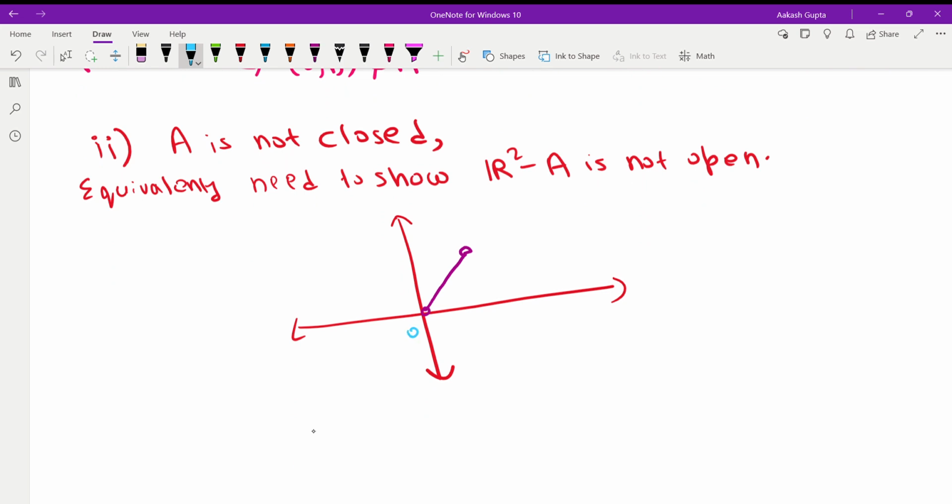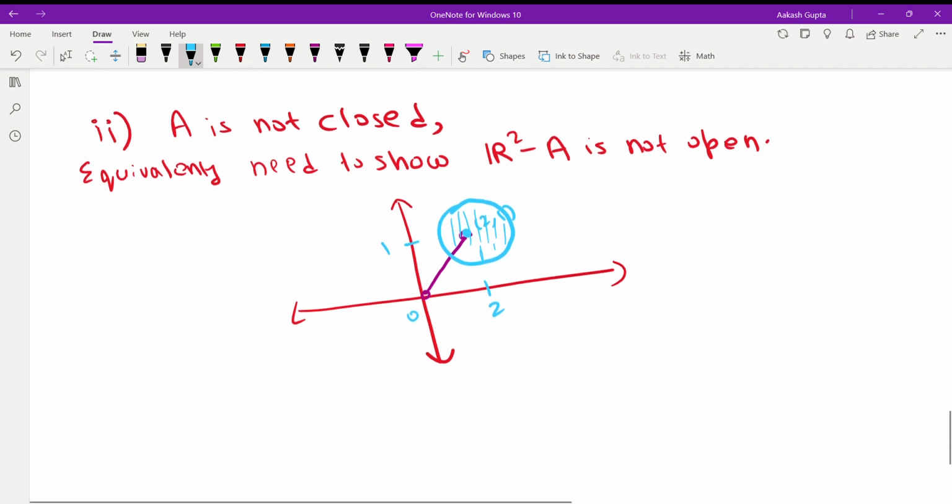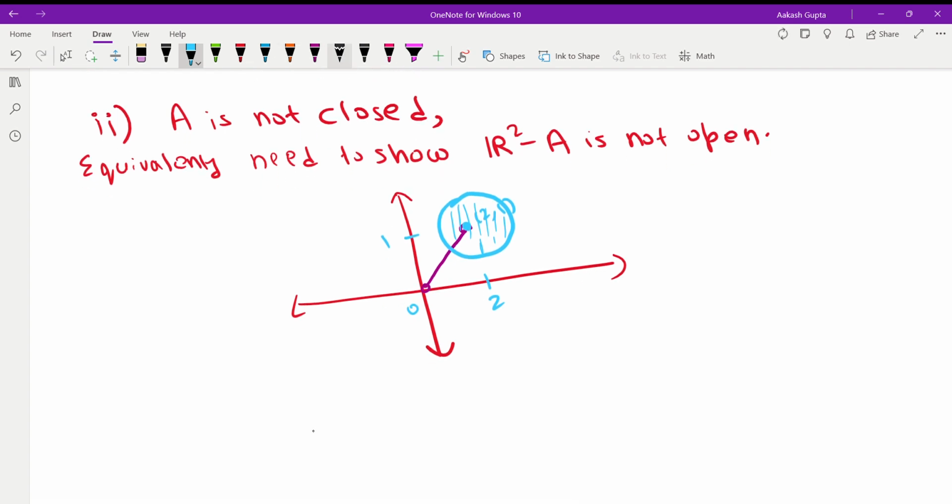So what our claim is, R2 minus A is not closed. If you take this point 2, 1 and you take any ball around this 2, 1, is it wholly inside R2 minus A? No, right? So that is precisely the idea.